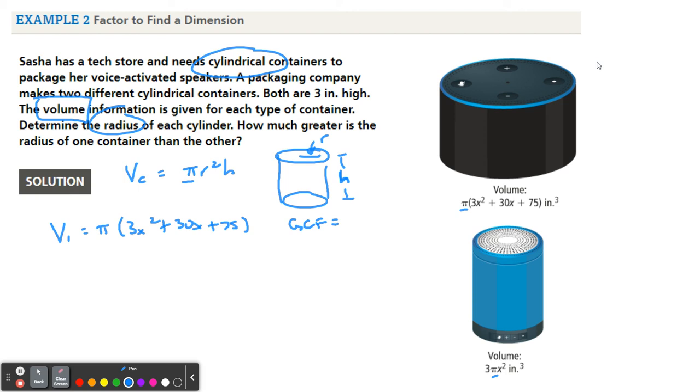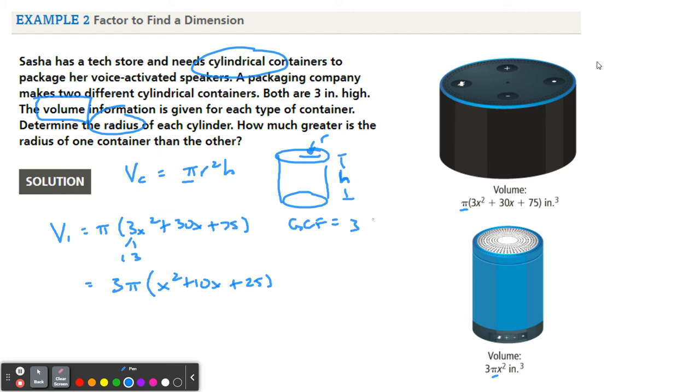And there is one, because 3 goes into 30 and 3 goes into 75. There is a GCF of 3. The x cannot be divided out, because there's no x in the last term. So this is going to be 3 pi, taking the 3 out in front, and dividing all these by 3: x squared plus 10x plus 25.